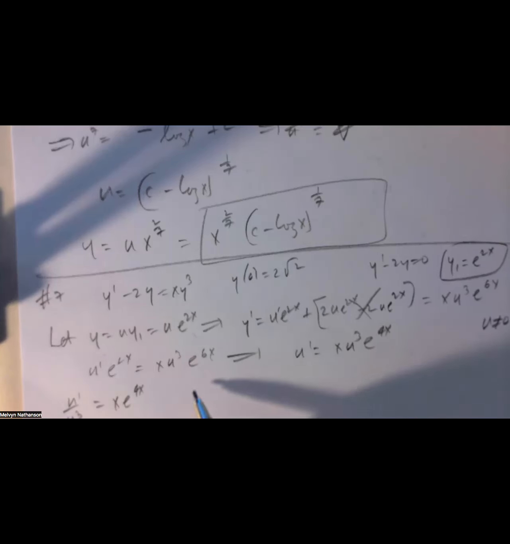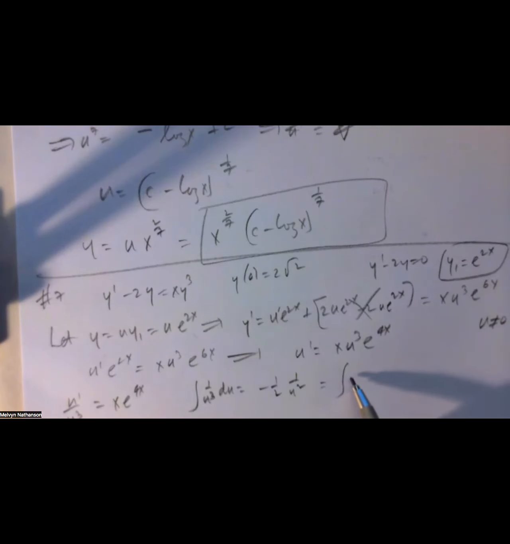So we integrate. The integral of 1 over u cubed du is minus a half 1 over u squared. And the integral of x e to the 4x dx, if you integrate by parts, you get x e to the 4x over 4 minus e to the 4x over 16 plus a constant.